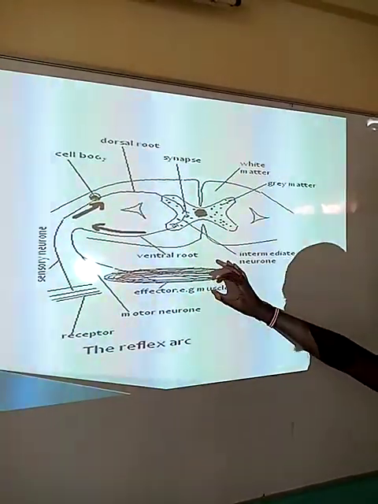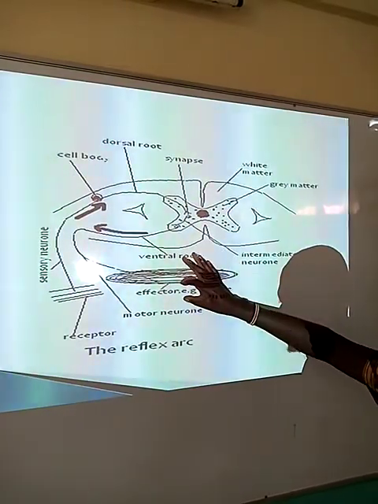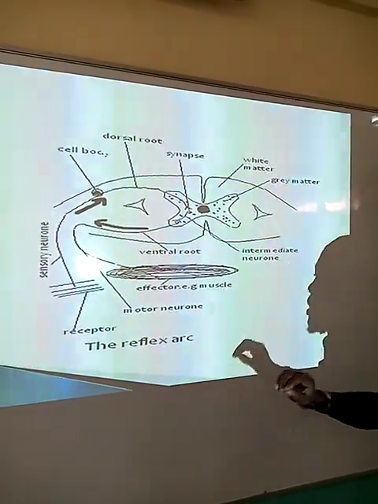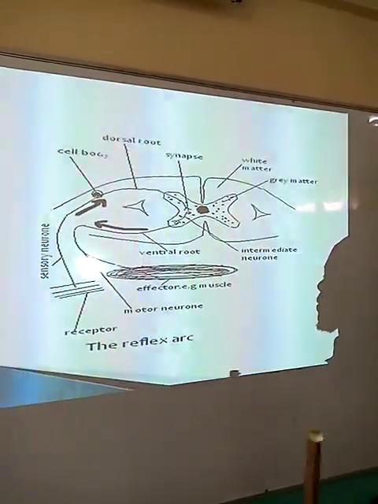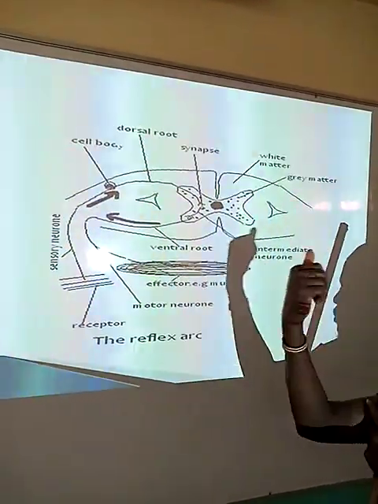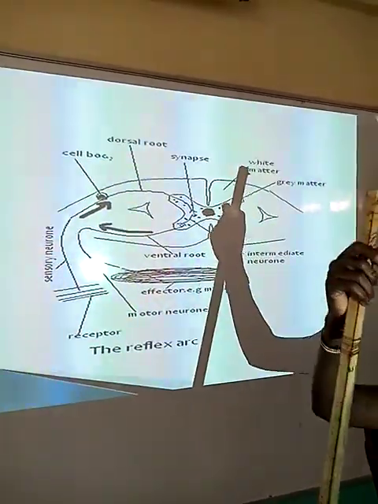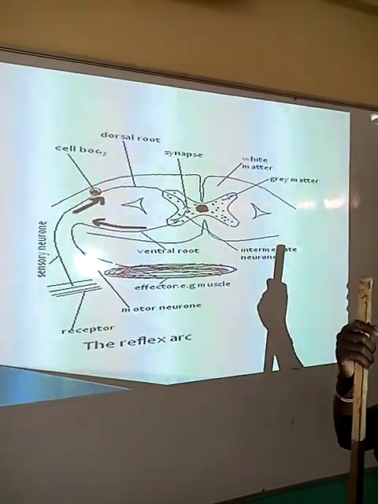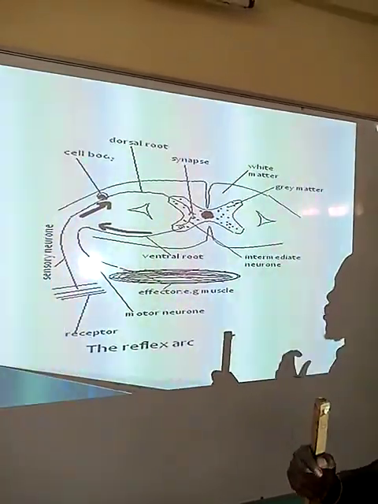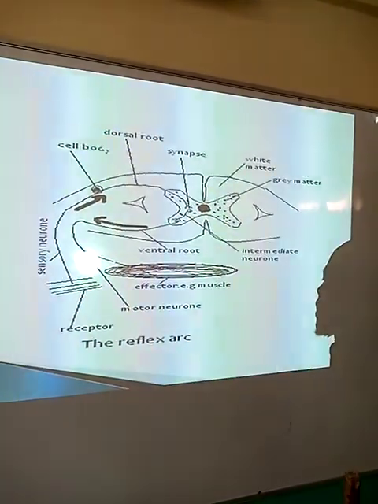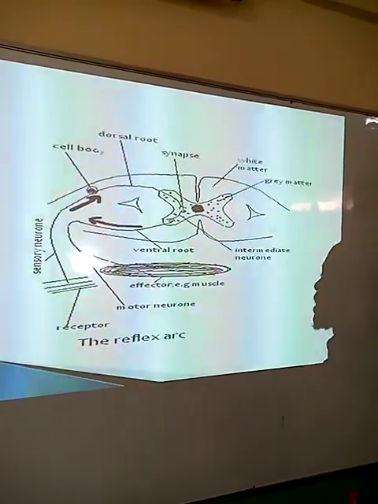If the information is taken to the effector organ, what is going to happen? There is going to be contraction of the biceps muscles here, while the triceps will relax. That is to say that the two muscles, the biceps and the triceps, work antagonistically.